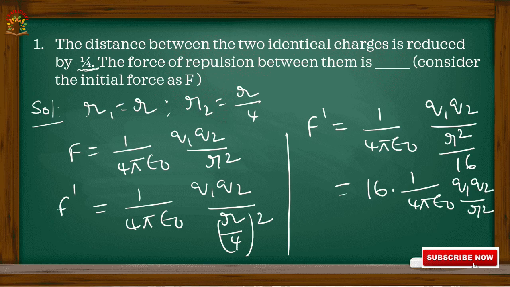This complete expression is F. So F dash is equal to 16F. The force of repulsion between them is F dash equal to 16F. Okay. Next, we'll go to the next question.